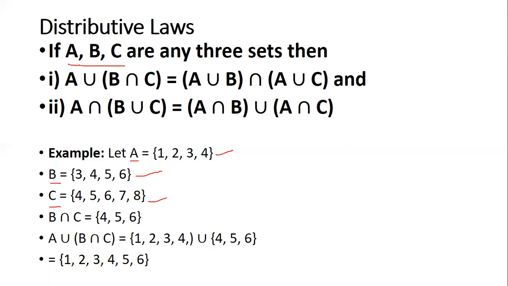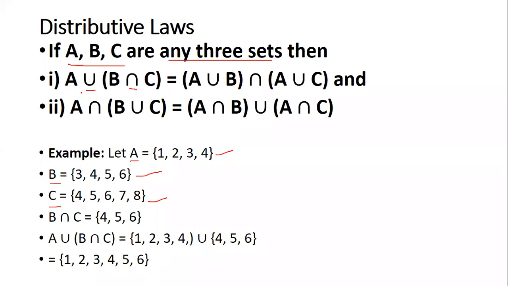Okay, so now here A, B, C are 3 sets, any 3 sets. When you have 3 sets, here we have a combination of A union B intersection C. So we have union as well as intersection being utilized.